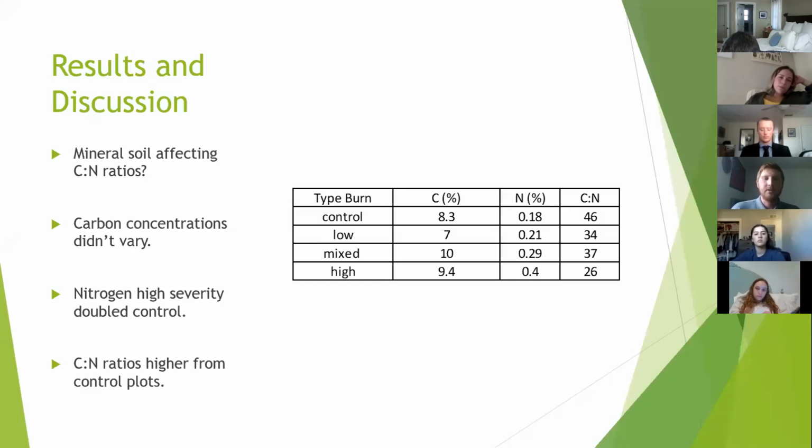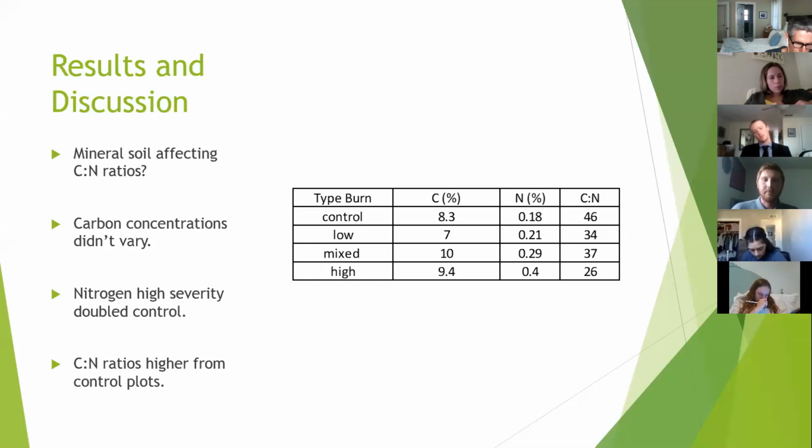As you can see from this table, soil organic carbon concentrations did not vary significantly with burn severity, but soil N concentrations in soils from burned stands were significantly higher than that of nitrogen concentrations from the control study.